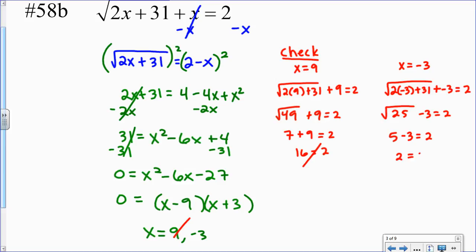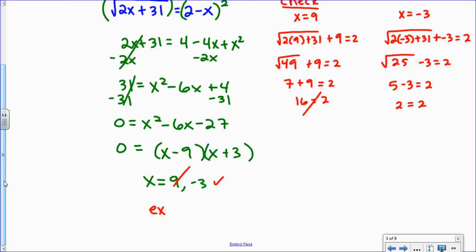Minus 3. Does negative 3 work? Yes. Okay, so that says that 9 is extraneous. So it's still a solution, so don't erase it, but label it as extraneous.